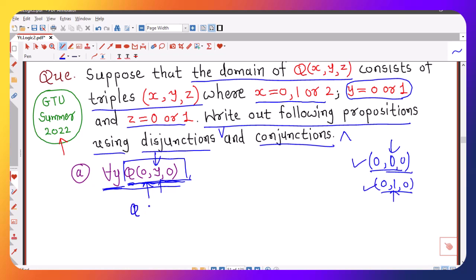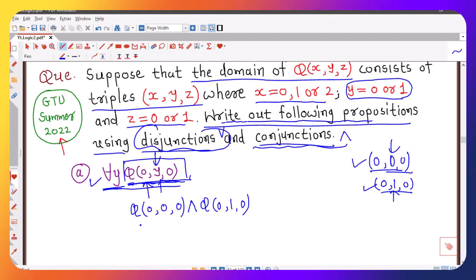So this we can rewrite in this way, that q of 0, 0, 0 and q of 0, 1, 0. Here we are asked to write down the given proposition using disjunction and conjunction operators, and this proposition is written using the universal quantifier, which we can write equivalently in this form using the conjunction operator.